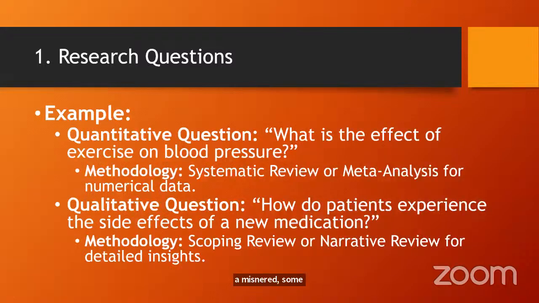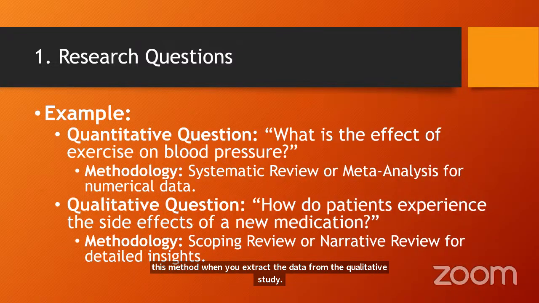Oh, okay. First of all, I will answer your second question. Systematic review, meta-analysis, versus mixed method. It is a different thing. In mixed method, when you extract the data from the qualitative study and the quantitative study, that is the mixed method.